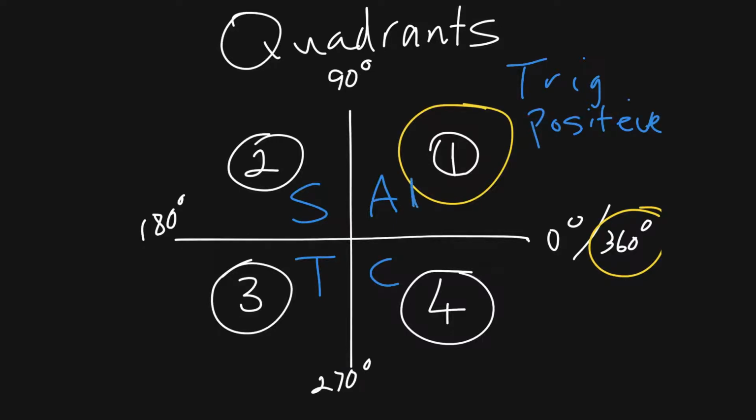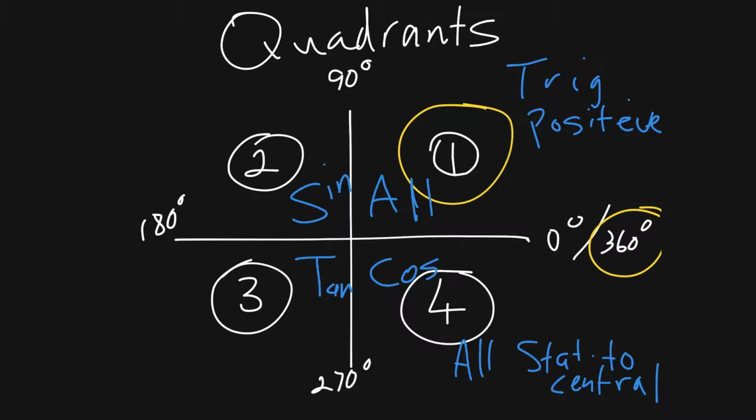In A, all of them are positive. S is just sine, T is for tan, C is for cos. In those particular quadrants, those particular ratios are positive. The quick way to remember it is all stations to central, like the Sydney train network, where all the trains go to central.